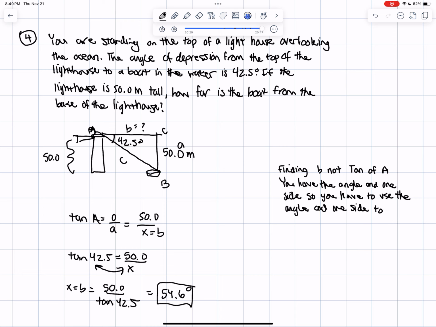So this is how we solve for depression. So this is the video on section 7.1, solving for angle of depression, angle of elevation, and solving for angles and sides on a right triangle.